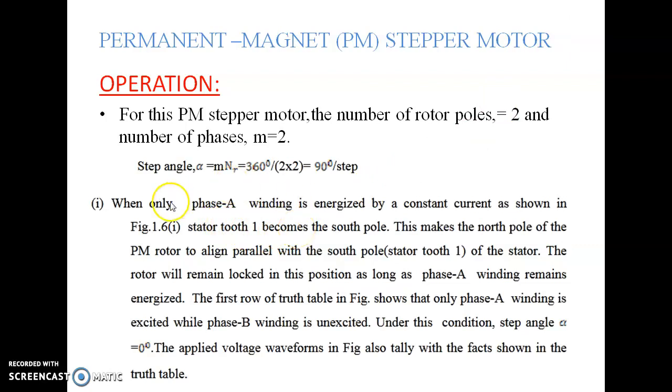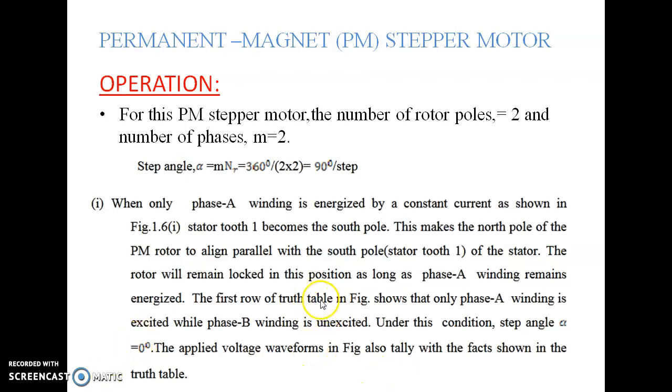So now, when only phase A winding is energized by a constant current as shown in figure 1, stator tooth 1 becomes the south pole. This makes the north pole of the permanent magnet rotor align parallel with the south pole, that is stator tooth 1 of the stator. The rotor will remain locked in this position as long as phase A winding remains energized.